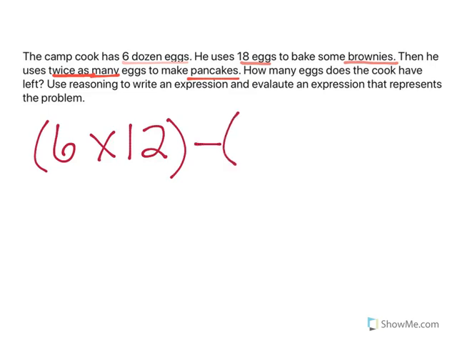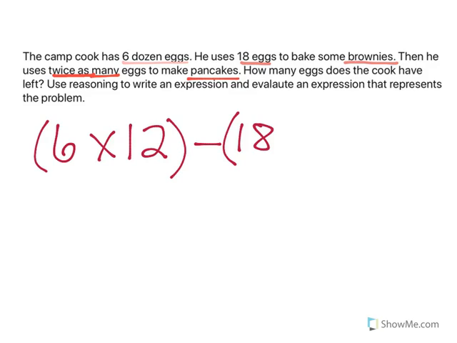He doesn't just use 18 eggs for one thing. He does use 18 eggs to make brownies, but he made 2 recipes with the eggs. That's why we're adding the parentheses, because we're going to have to do 2 operations before we can subtract that from the total amount of eggs that we started with.